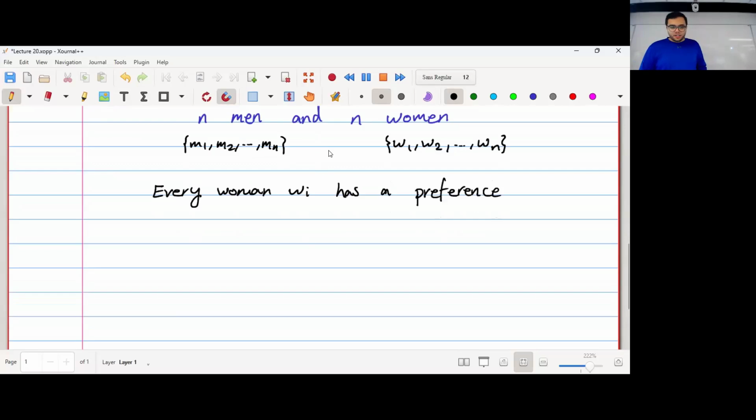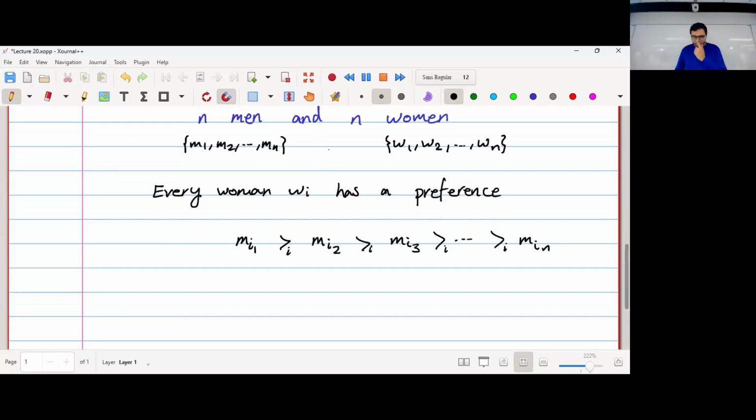So Mi1 is preferred to Mi2, who's preferred to Mi3, and so on to Min. This is the preference of woman i. And the same thing for all the men. Every man also has a preference, which is a permutation of the women.